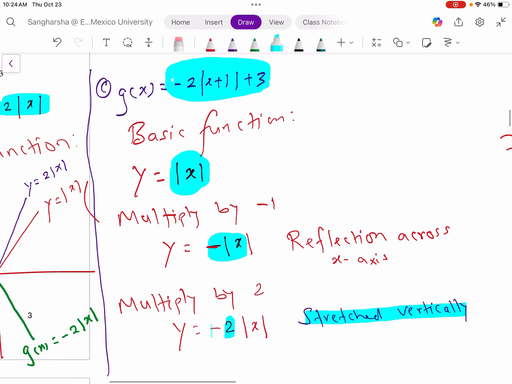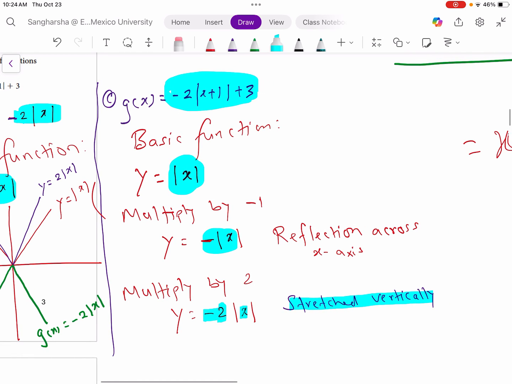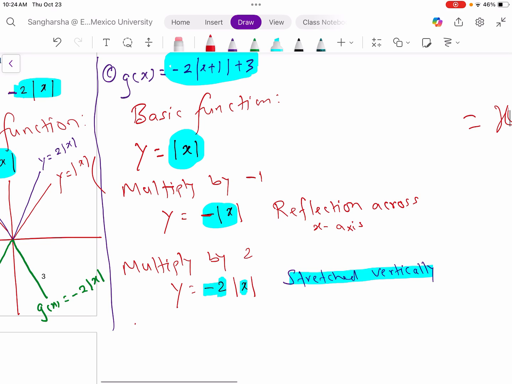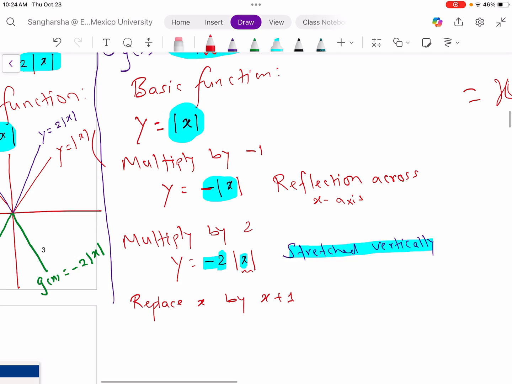Okay, we have negative 2 here, we have negative 2 here. Now instead of x, what do we need? We need x plus 1. Now how do we get that x plus 1? What do we have to do? We have to replace. So we replace x of this function by this expression x plus 1. Now what does it mean to a graph?